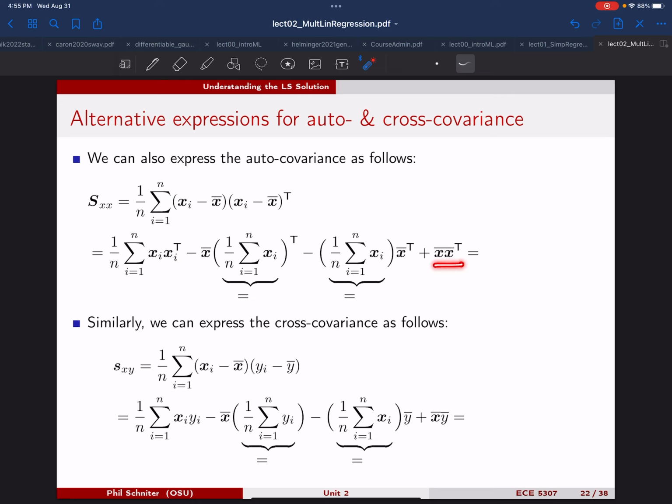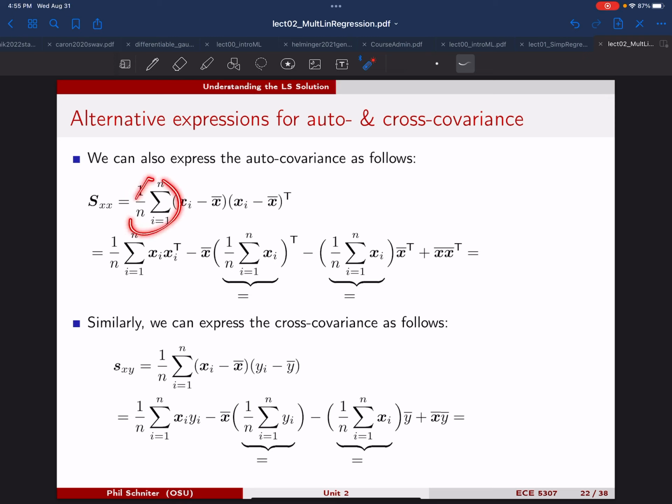That's going to give us this. And then we have the cross terms. So we're going to have xi times x bar transpose and x bar times xi transpose. So here's the x bar times xi transpose. Notice that because the x bar doesn't depend on i, we can move it out of the sum because of linearity.